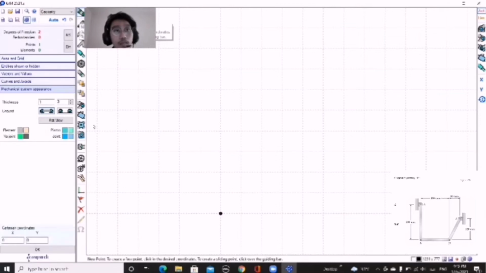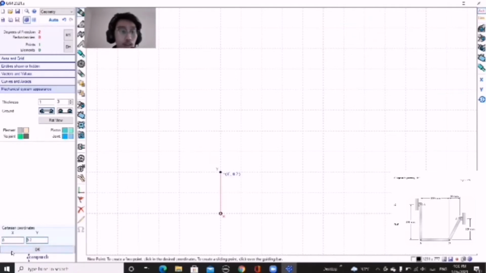We click new point, and that's the first point. For the second point, we put x as 0, and for the y-axis we put 0.2. Sorry, so for the x we put 0.2.